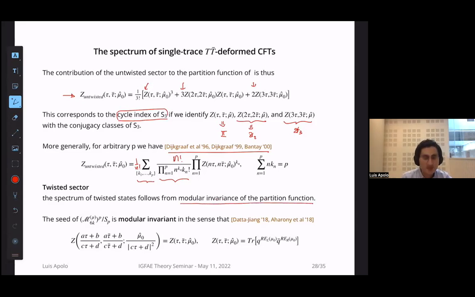function. Now, it turns out that TTbar deformed CFTs are modular invariant in the following sense. So we have the usual transformation of the modular parameter of the torus, but in addition, we have the scaling of the deformation parameter. And because in the TTbar deformed CFT, we no longer have a local Virasoro symmetry, the partition function is defined in terms of the energies instead of in terms of the conformal weights.